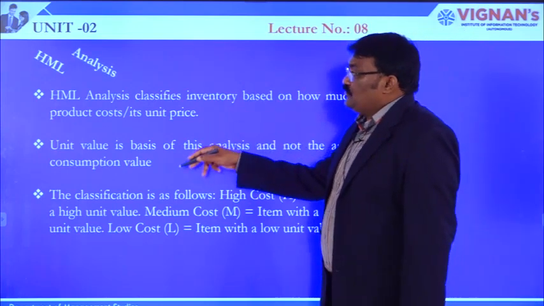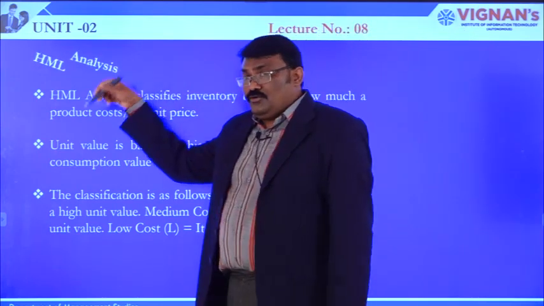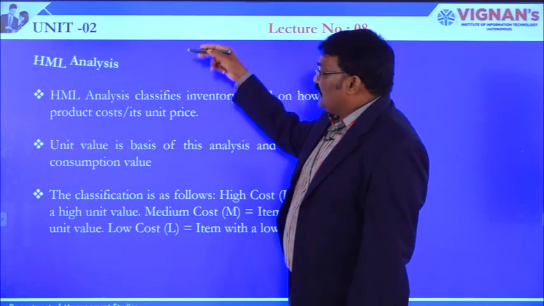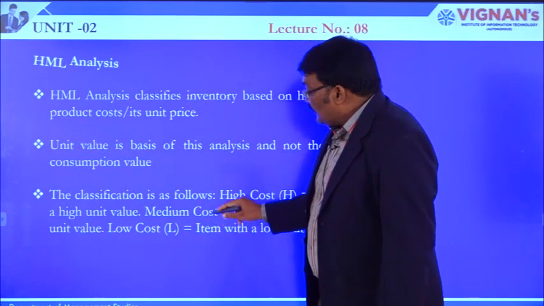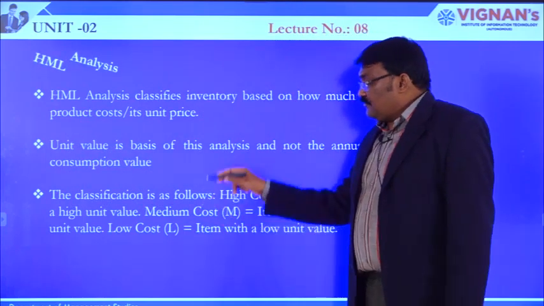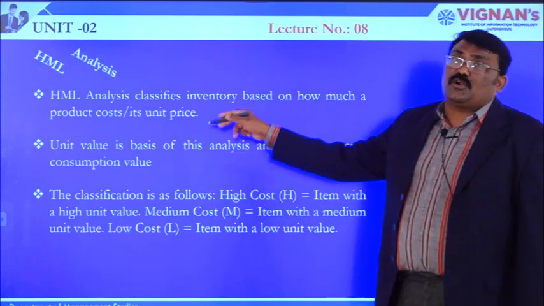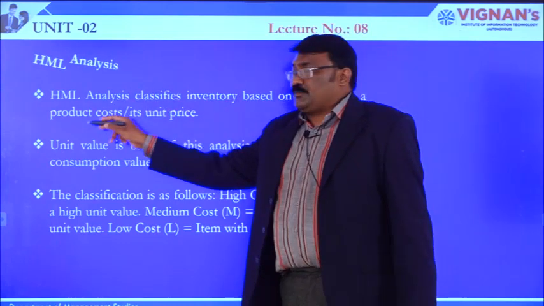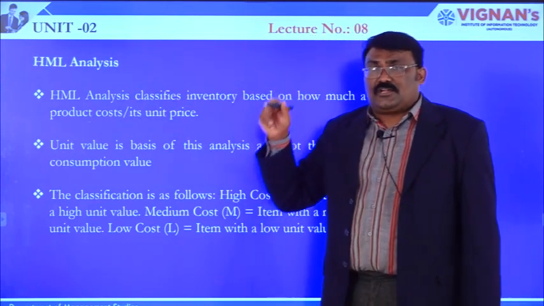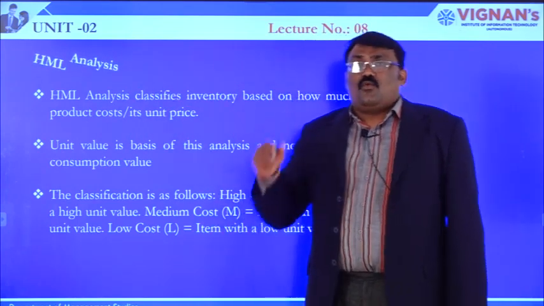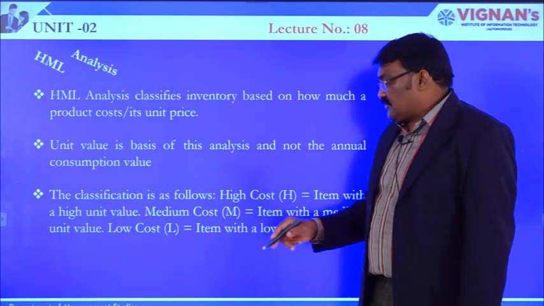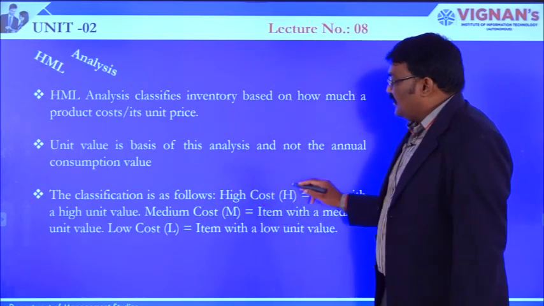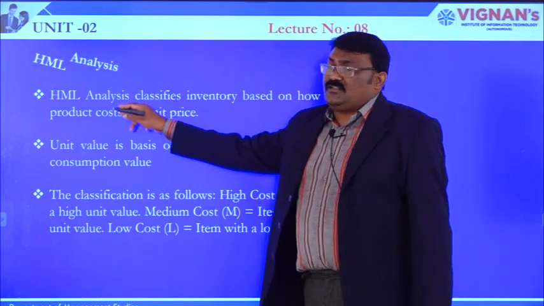In producing one unit of a product, what is the consumption of this raw material for that particular product? Understood? In the production of that particular product, what cost is consumed by this raw material?